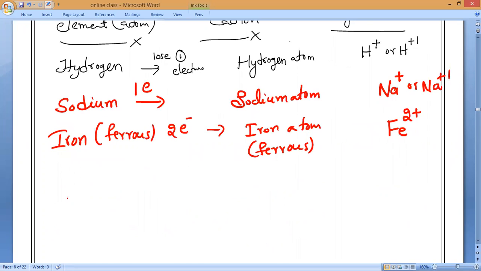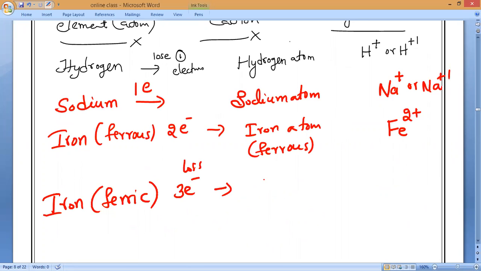And the same iron, if it is ferric, very, very important: ferric means it will lose 3 electrons. And the name is the same, ferric only. And the symbol is Fe, what will come?